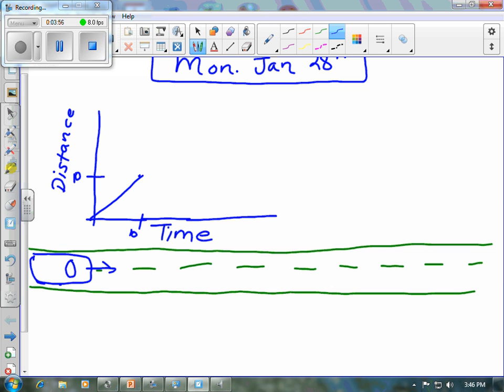So, Andre, if it goes 10 meters in 10 seconds, how fast is the car going? 1 meter per second. Very good. Great, great.